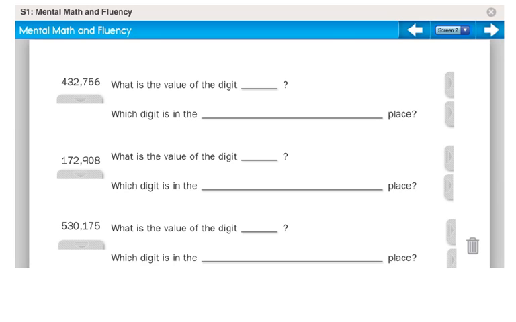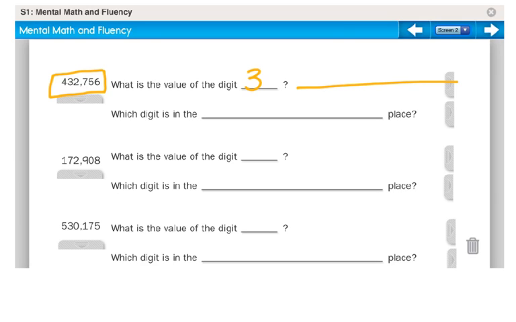So on your whiteboard, I would like you to write the number 432,756. Go ahead and write the number in the yellow box. Then next to it, write the value of the digit 3.